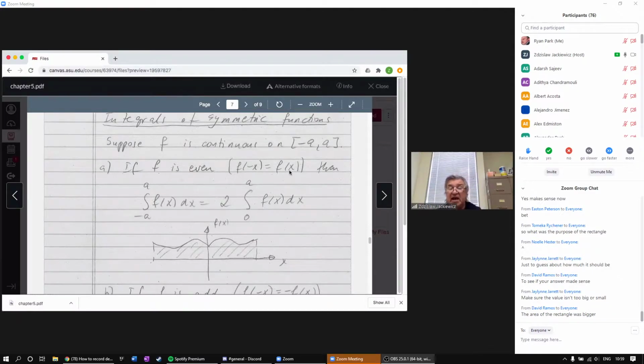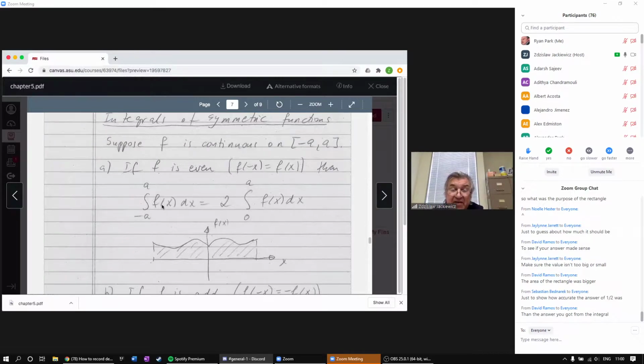The typical example of an even function is cosine. Tangent is an odd function. So f is even means f of minus x is f of x.